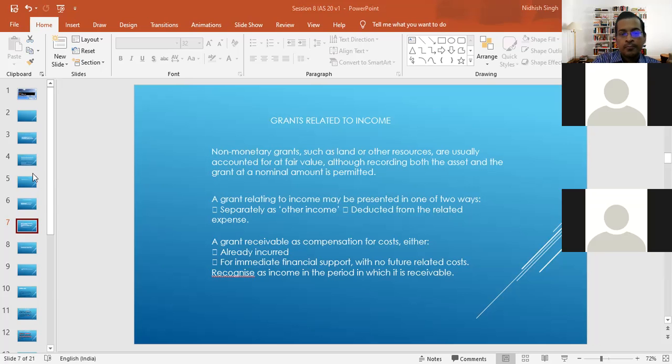So Nidhish, we can correlate with this also, like recently the government has given the offer to all the customers for home loans, like in the COVID situation, for 3 months no one is bound to pay the home loan to the bank. Moratorium. Yeah, moratorium.